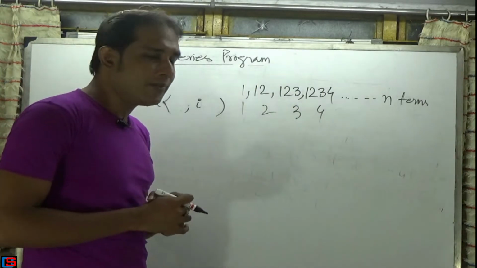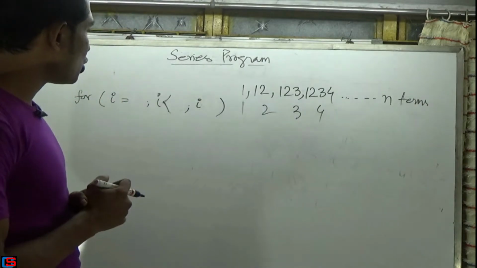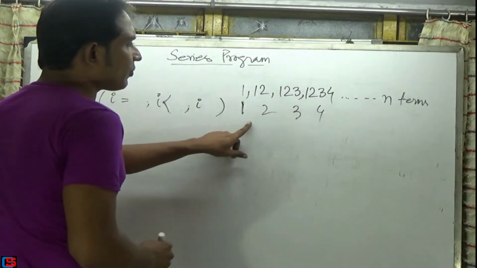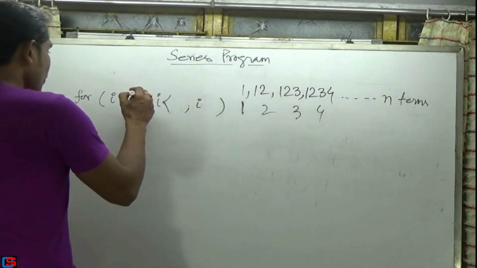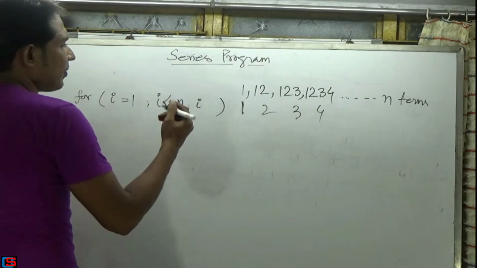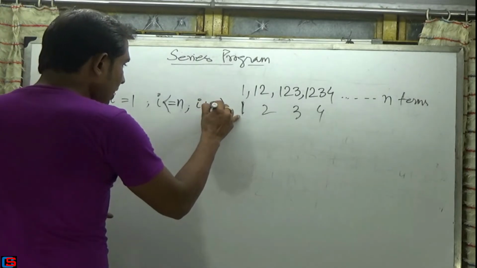It does not help to generate this series. So what is the logic? As the position is 1, the first position, up to n terms, the value will be 1 and up to n, and the value will increase by 1, so i plus plus.